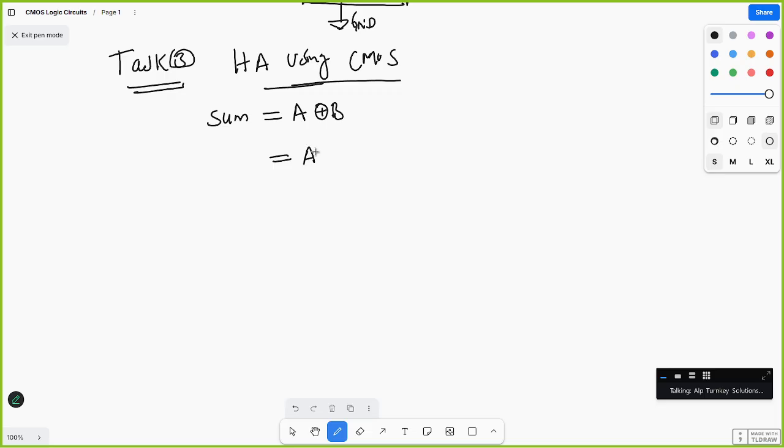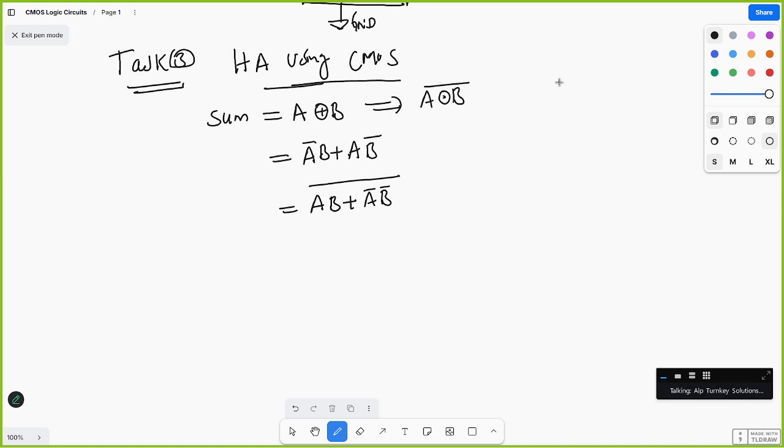So this is equal to A bar B plus AB bar. This AB bar, I can write as A B plus A bar B bar whole bar. Can I write? So XOR gate I am writing like this: A XNOR B whole bar.